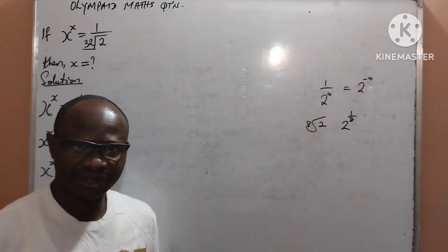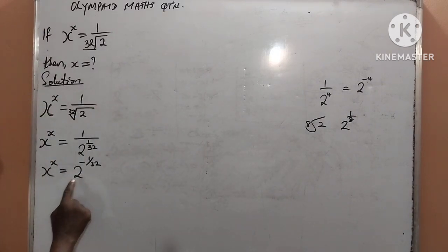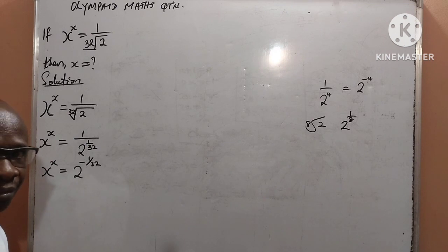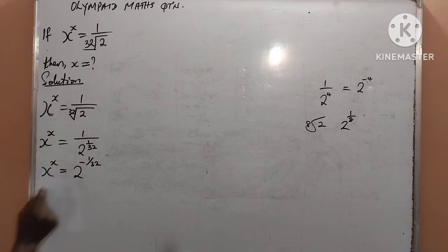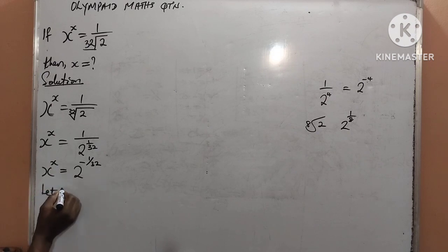At this point, you can see and agree with me that by the right hand side I have base 2. Because I have base 2, I want to see how I can manipulate the left hand side to also put the value in base 2. Therefore, let me do this.